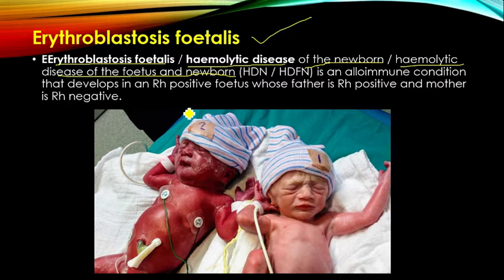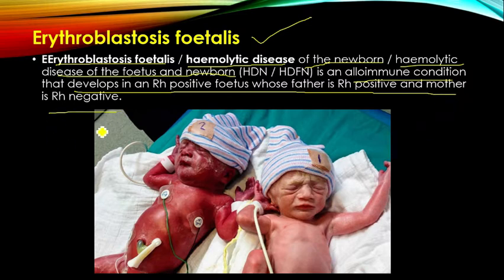Okay, erythroblastosis fetalis is a hemolytic disease in a newborn or in a fetus. It is an alloimmune condition that develops in an Rh positive fetus whose father is Rh positive and mother is Rh negative.